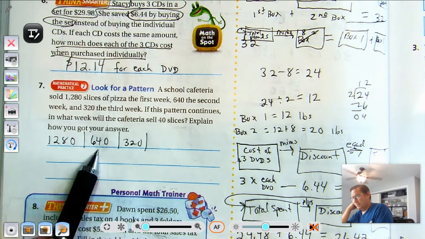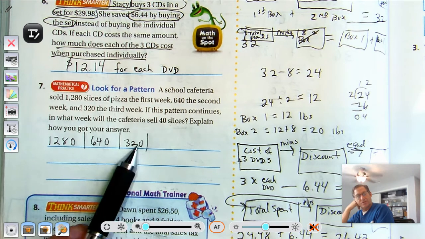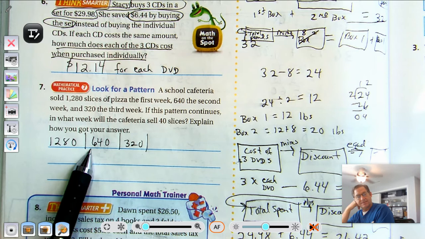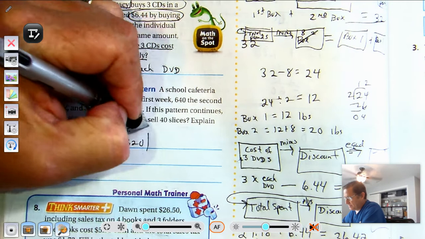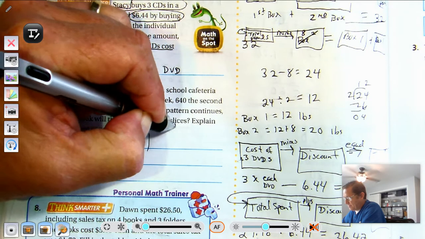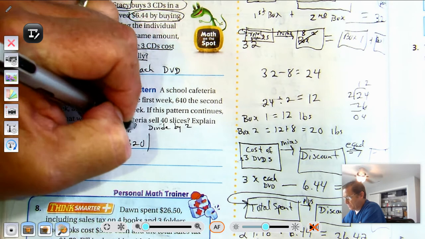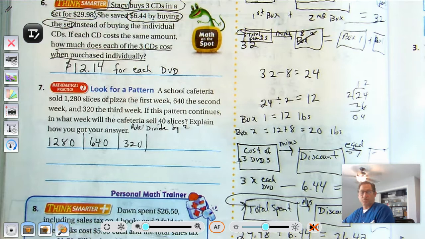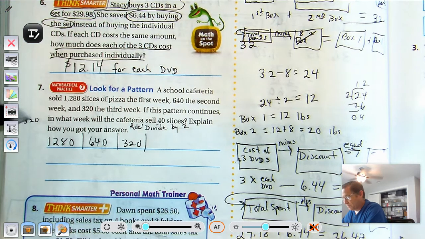Well, this is decreasing by half, right? Because 320 plus 320 is 640. So divide by 2 is our rule. So 320 divided by 2.